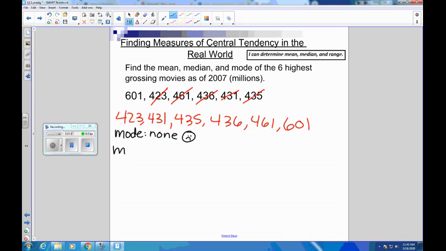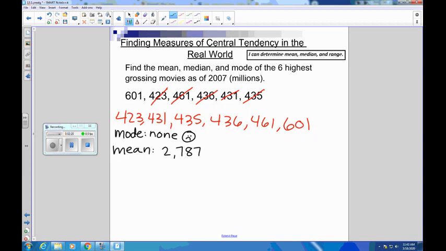Okay, our mean, all we're going to do is add up all of these numbers together. So I'm going to take 423 plus 431 plus 435 plus 436 plus 461 plus 601, and I get 2,787.